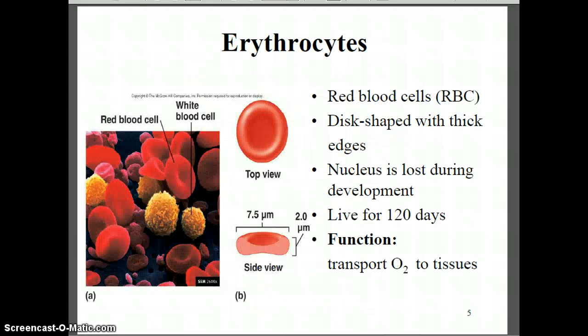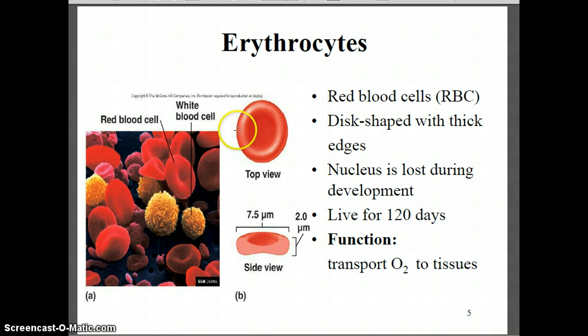And here we go with erythrocytes. Here is a wonderful example, I think, of the relationship between structure and function. What is the function of the red blood cell, the erythrocyte? To transport oxygen, O2, to the tissues. And the structure really facilitates that function.